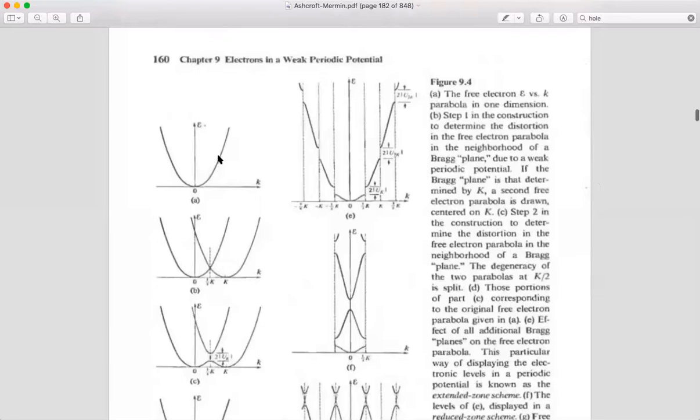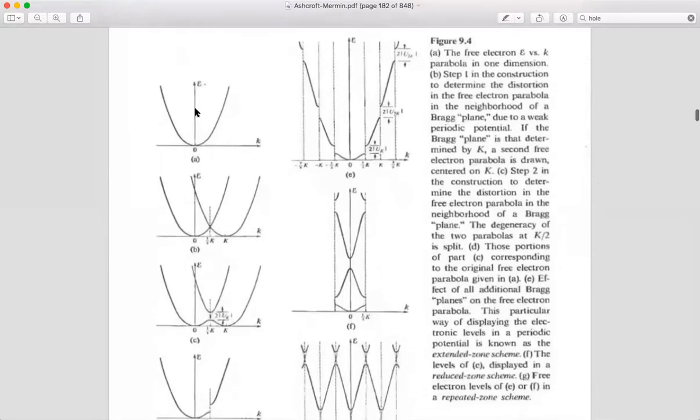So panel A here is the free electron parabola.